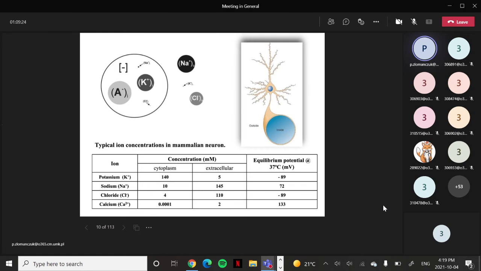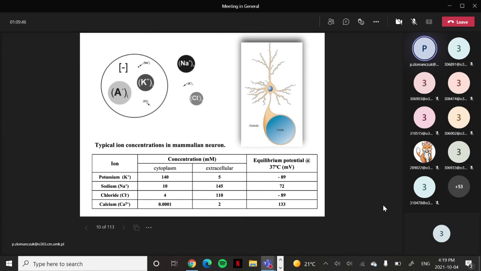So they contribute to the overall negative charge within the cell and to the membrane potential, which schematically is around minus 70 millivolts in a typical neuron.